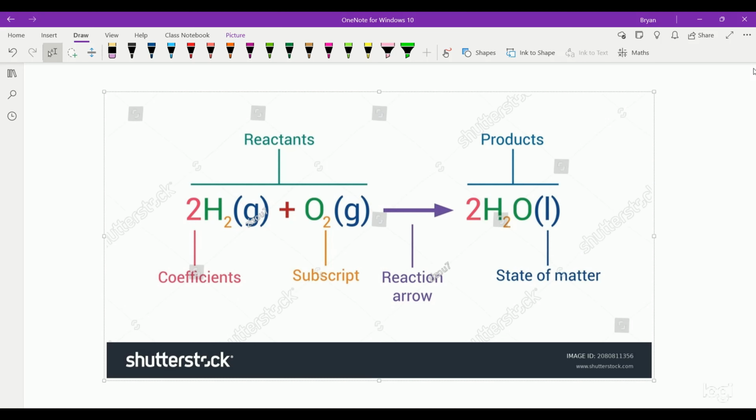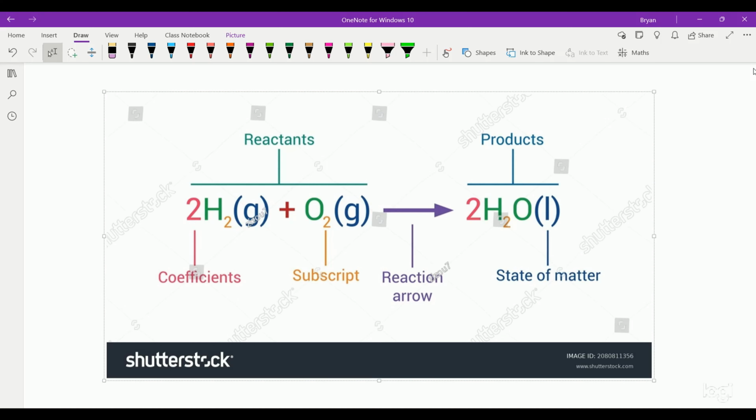So in order to understand why we balance a chemical equation in the first place, we have to look at the law of conservation of mass. The law of conservation of mass states that matter cannot be created nor destroyed. Which simply means that in a chemical reaction, the amount of matter that is used as the reactants must be the same as the amount of products that are formed from the chemical reaction.